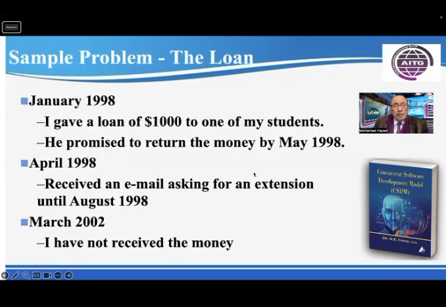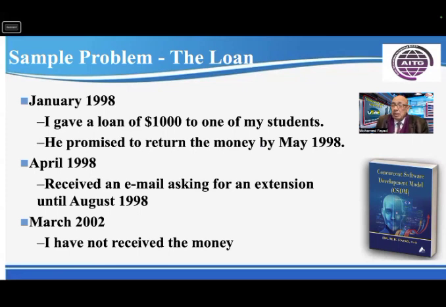So let me give you an example. This is a very simple problem to show you the dilemma we're in and exactly what we do right now. In 1998, this is a true story, by the way, I gave a loan of $1,000 to one of my students. He graduated from the University of Nevada and had been accepted for a job in New York, and he needed money. I'm the only source for him.